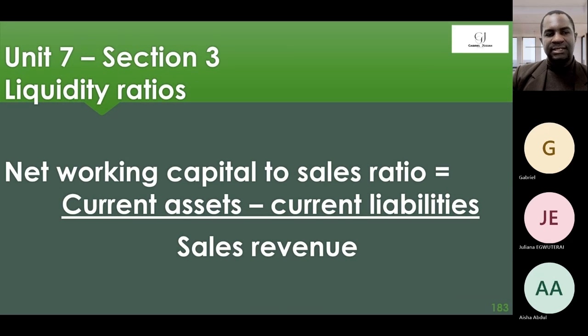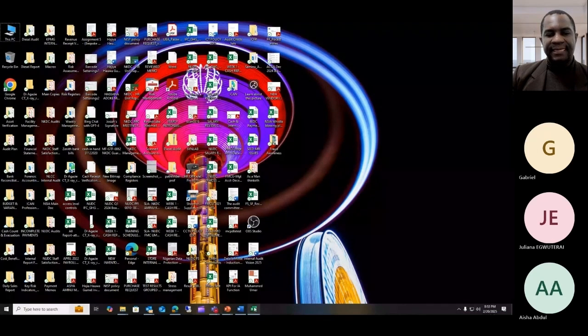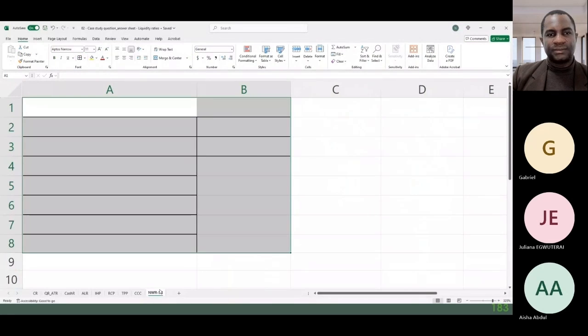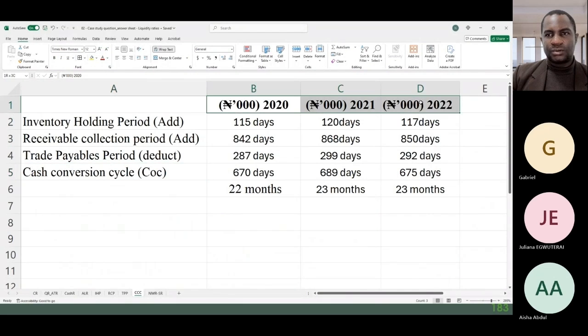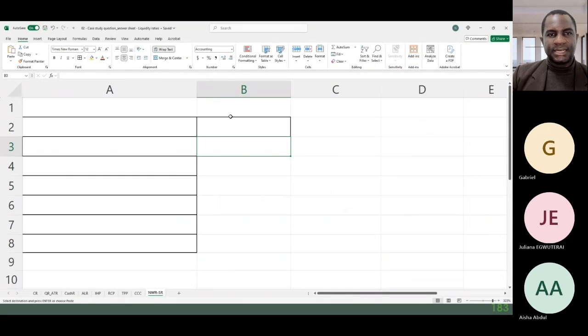So let me drive back, having looked at this small introduction. Let's look at using the same Dan Kabir, current assets minus current liabilities, and let's calculate our net working capital. Okay, so let me pick these headers here.